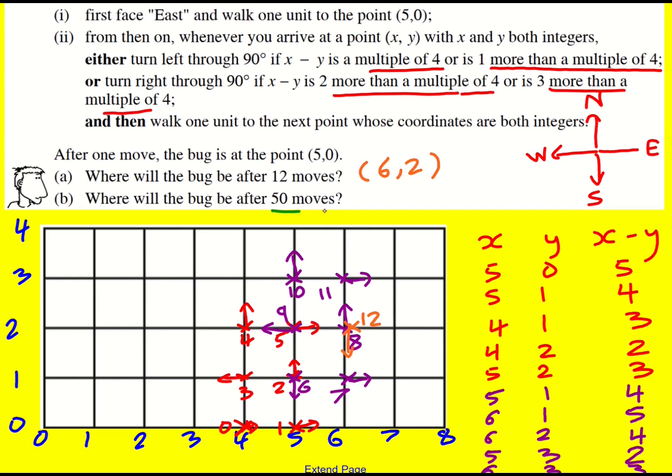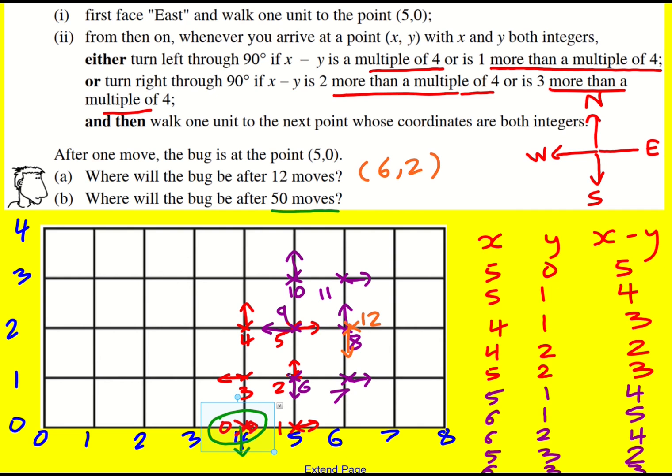Now, for 50 moves, remember with my arrows, it's before the turning has actually taken place. 50 moves, we can't really carry on like this. We're going to need to try and find the pattern. And if we look at 0, you could imagine that the bug was facing down and then is about to turn left.